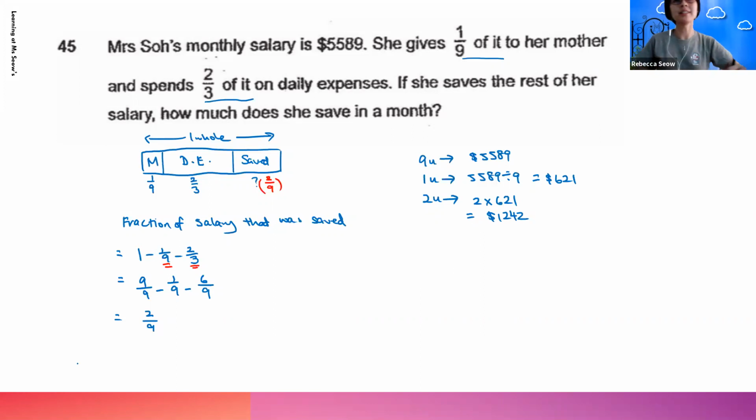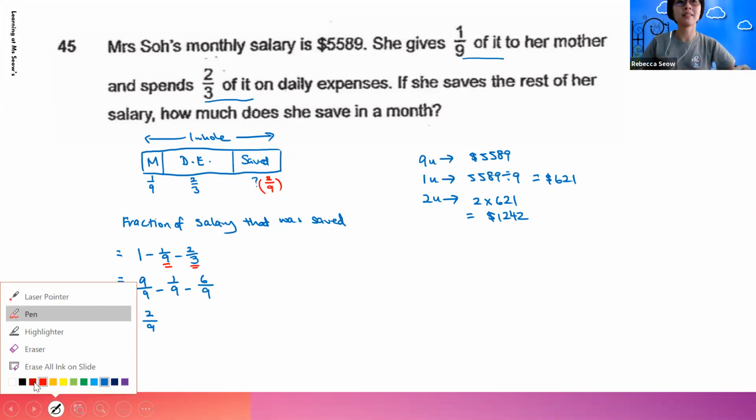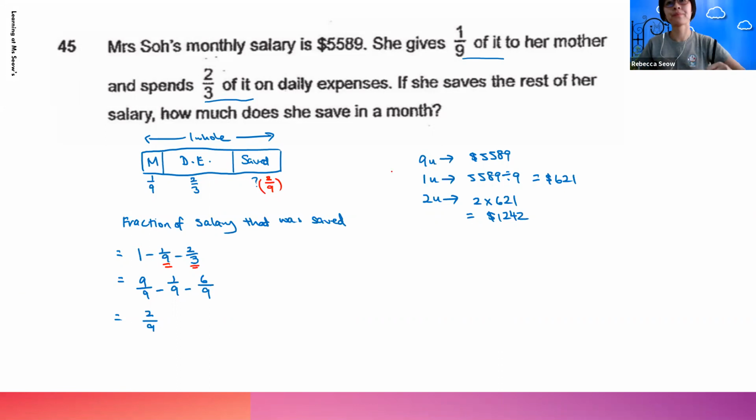Now, there's actually another method that you could use. I'll put this as M1, method 1. There is a method 2 that you can use, not by using units, but rather a fraction of a set. You realize that it's 2/9 of a set that contains 5,589.